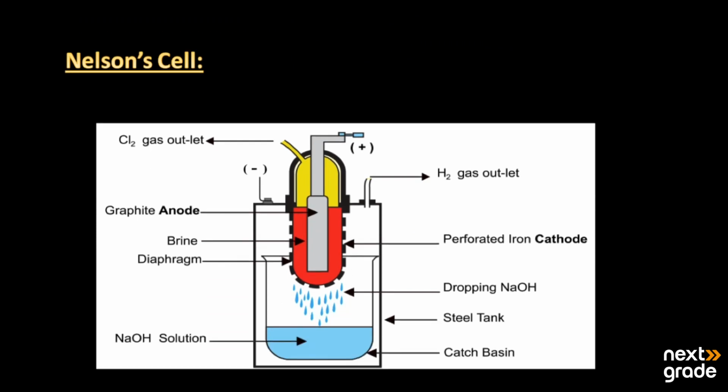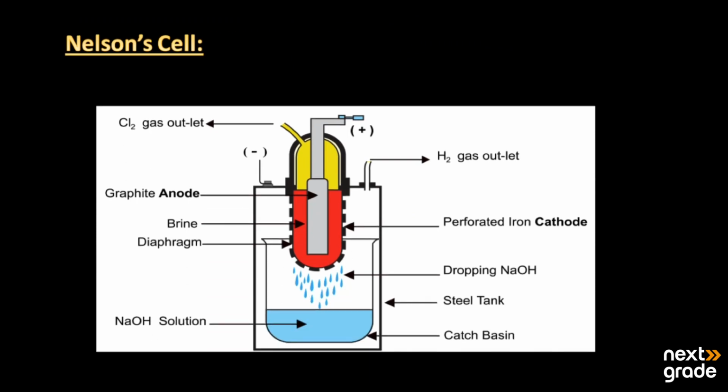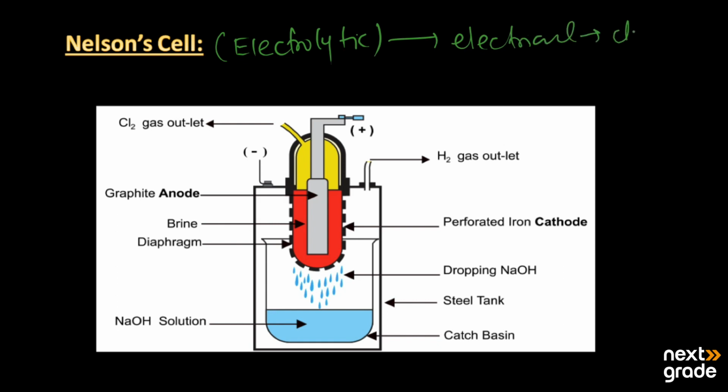Sodium hydroxide is basically prepared with the help of the cell called the Nelson cell. The Nelson cell is a type of electrolytic cell. In this electrolytic cell, electrical energy is used to drive a chemical reaction.